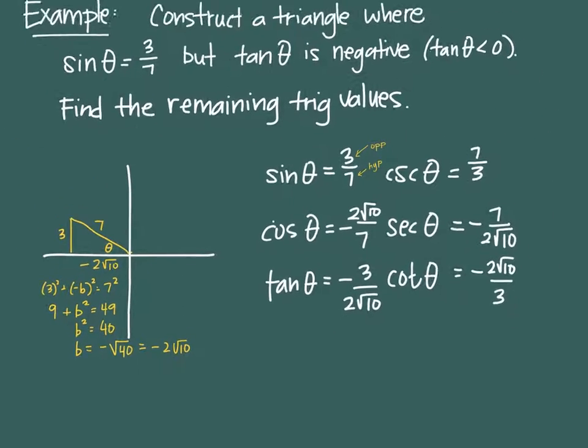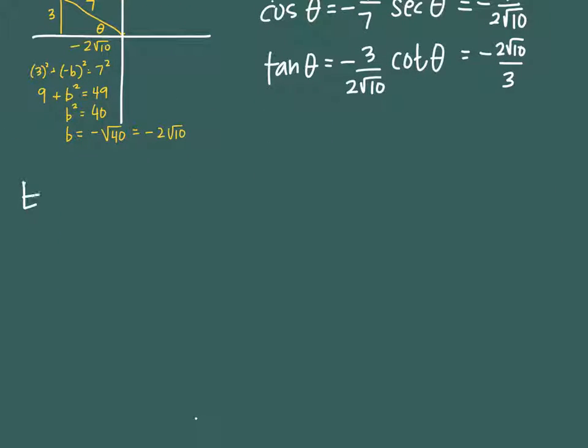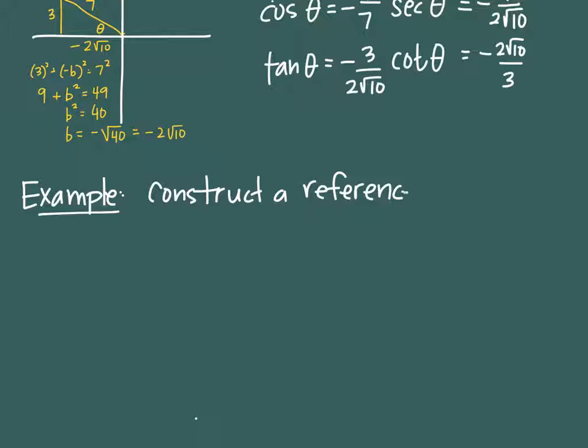All right, so here's our last one for today. It's going to be similar. Construct a triangle. They might call it in the book a reference triangle. The word reference triangle just means that they want you to put it on an axis, on a coordinate grid.